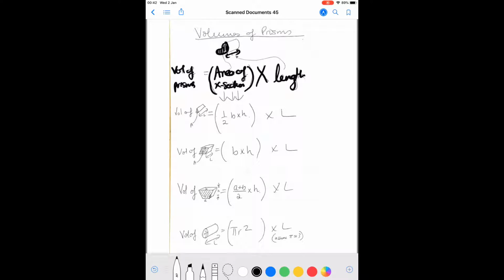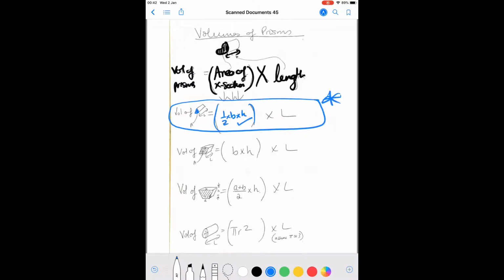multiplied by the length. Now, in the question that we have here, which is a triangular prism, we will be looking at this formula here, because the area at the front of a triangular prism is a triangle. So the area of that triangle is half times base times height.